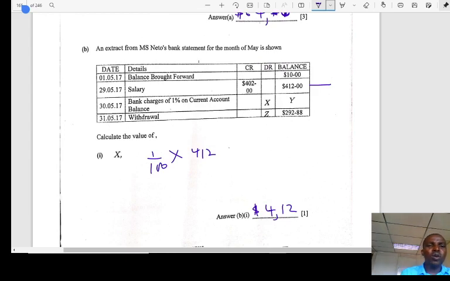Then z, withdrawal. The balance we're being told is 292.88. So we say y minus z is equal to 292.88.